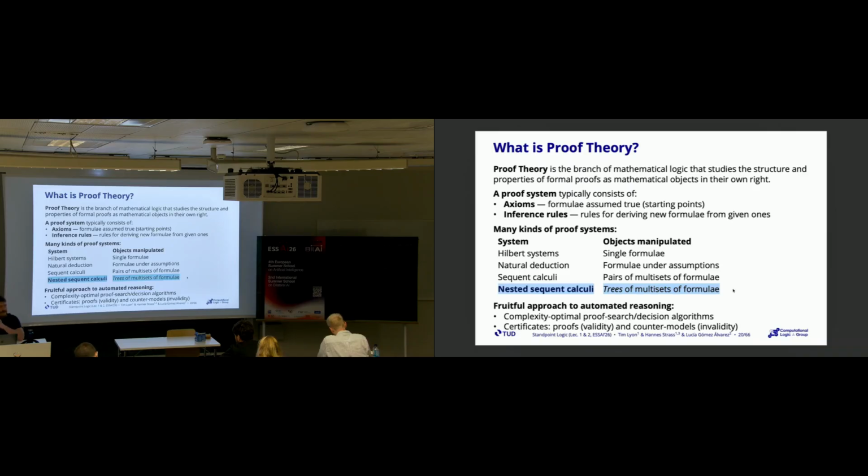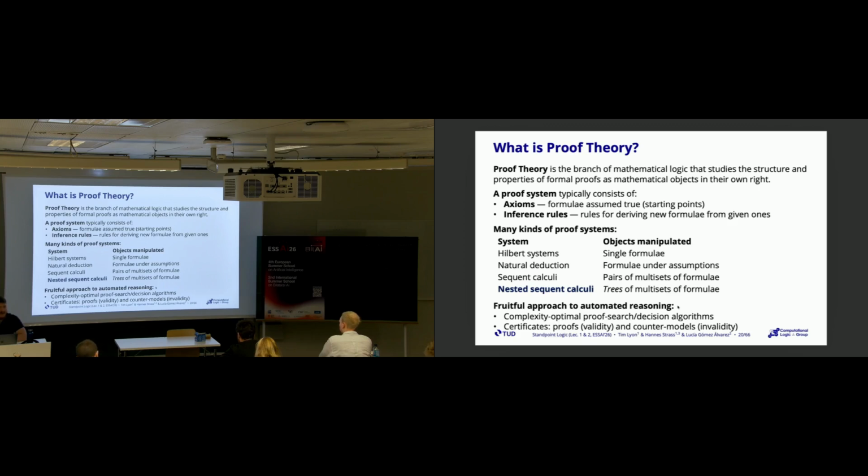This will be the basic building block of our proof system, and we will construct proofs using these nested sequents.